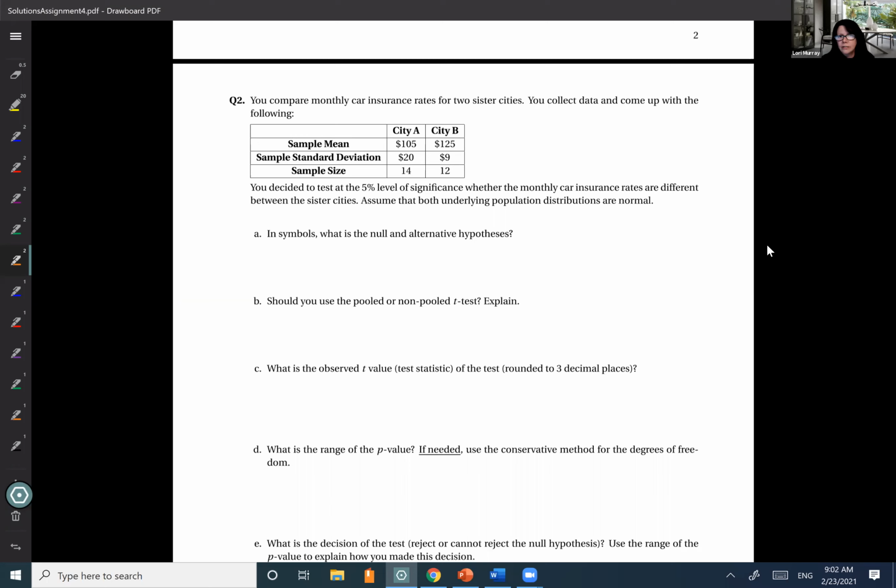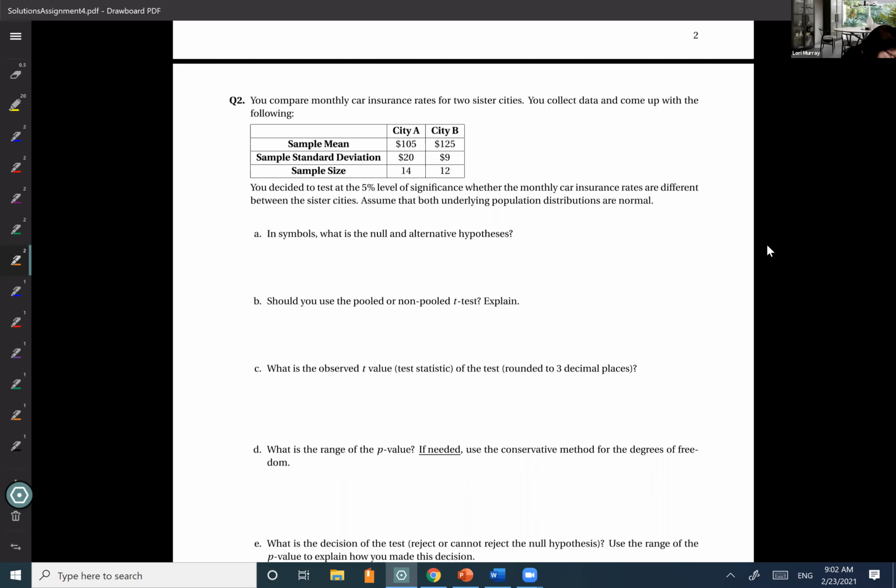So there is a difference between city A and city B just from the point estimates, right? $105 versus $125. And this must be monthly, because I don't know anyone who has a yearly rate for that. So monthly, 105 versus 125, and you decide to test at the 5% level of significance.